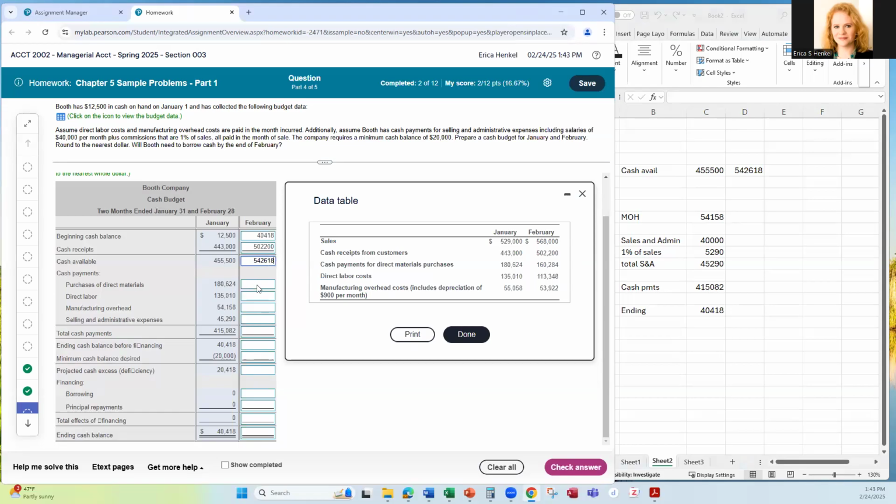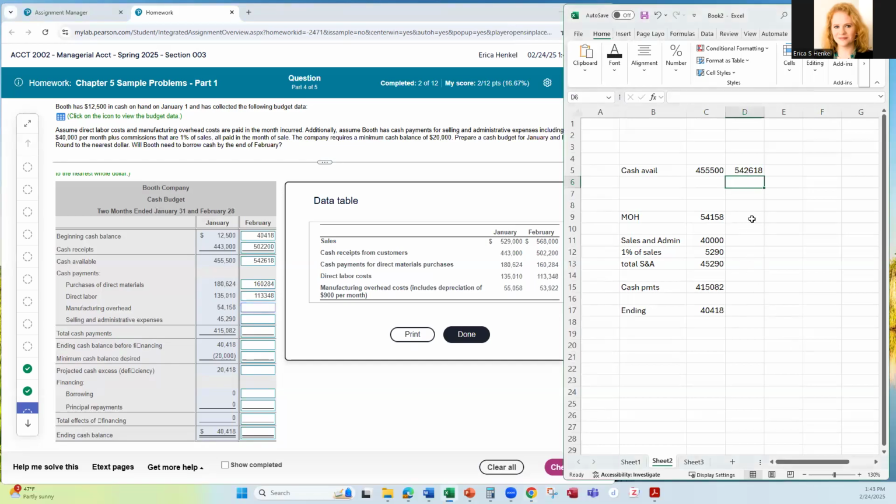Now, we're going to add in, okay, purchases for direct materials and our direct labor, manufacturing overhead. We're going to subtract out our depreciation again. So it's going to be 53,922 minus that 900.